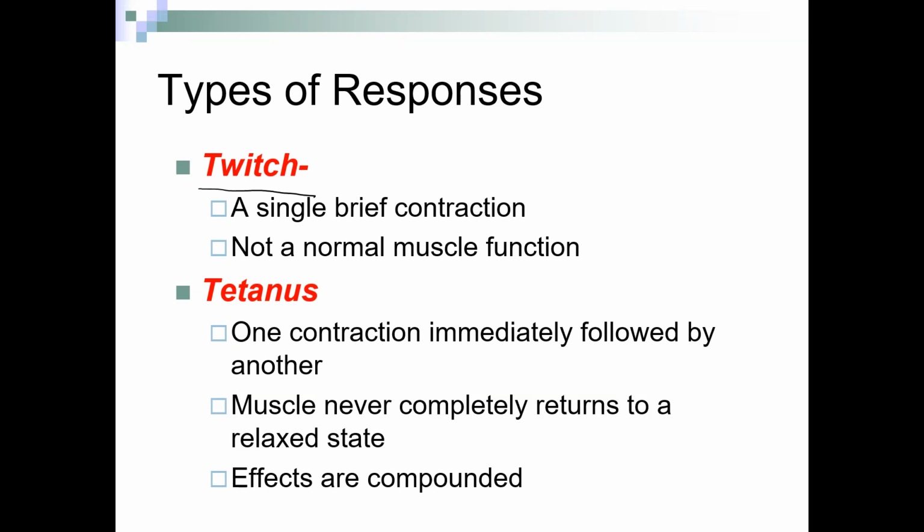So the muscle just jumps out of the blue. You're like, what the heck is going on? Now, as it says here, it is not a normal muscle function. So when you get that twitch, for the most part, you're not controlling that twitch. So it is an involuntary action. It normally means a signal was missent to the muscle or a neuron misfired. So basically, every time you get a muscle twitch, your body made a mistake, right? And considering the number of them people tend to get, your body makes a lot of mistakes.